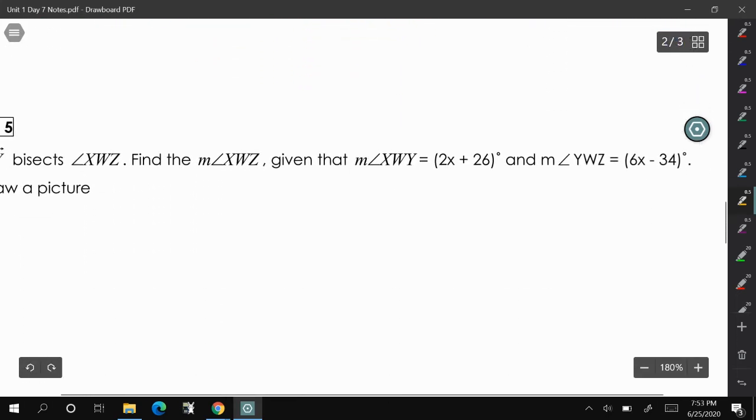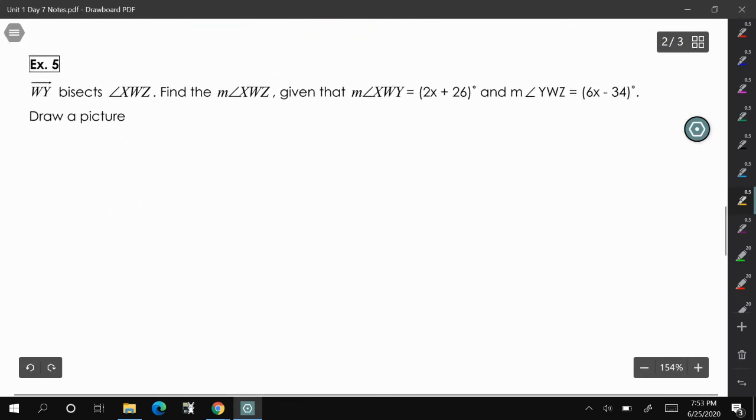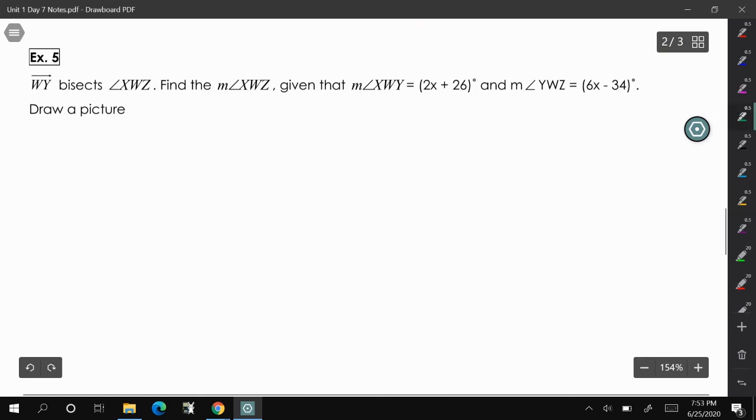And then our final example, example number 5, kind of the same directions. It says ray WY bisects angle XWZ, but we don't have a picture.